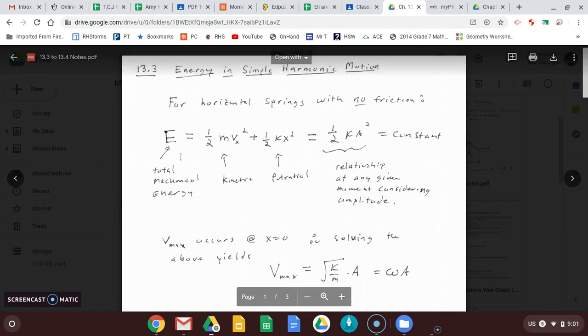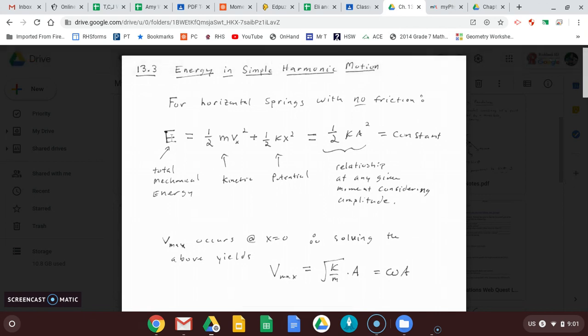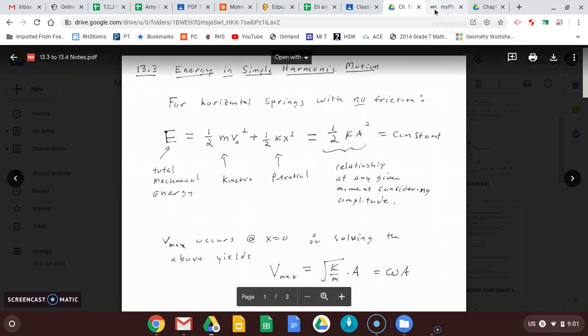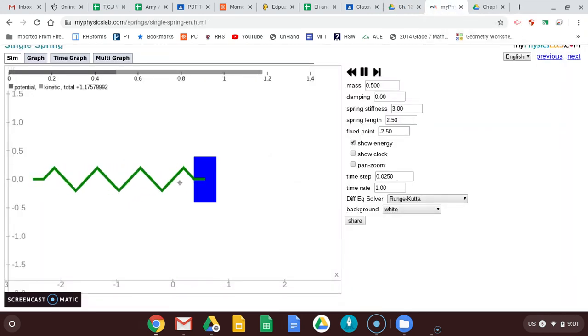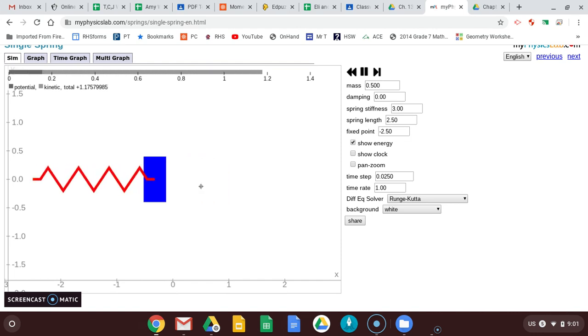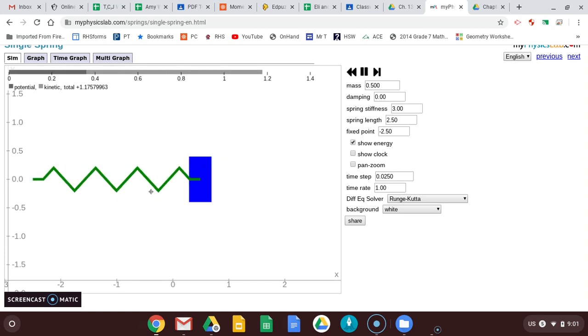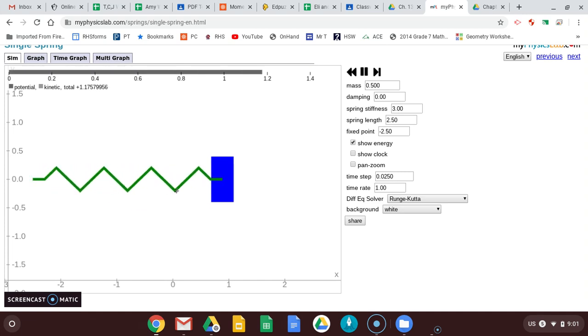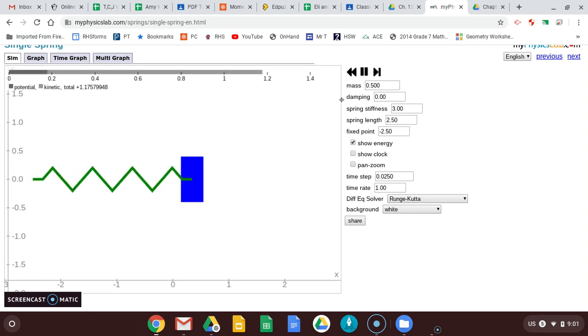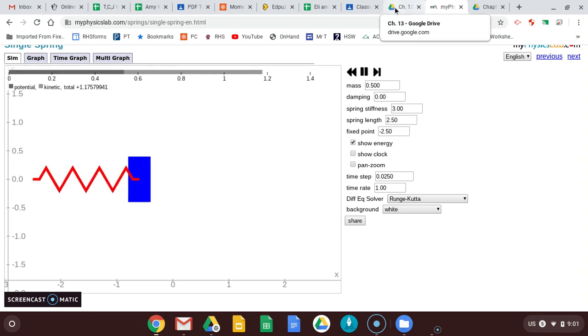If you remember back to energy, just a plain old E represents total mechanical energy, which at any given moment is a total of kinetic plus potential. So if we have a horizontal oscillating object on a spring, the only energies involved are, of course, kinetic because it's in motion, and no gravitational potential, but spring or elastic potential.